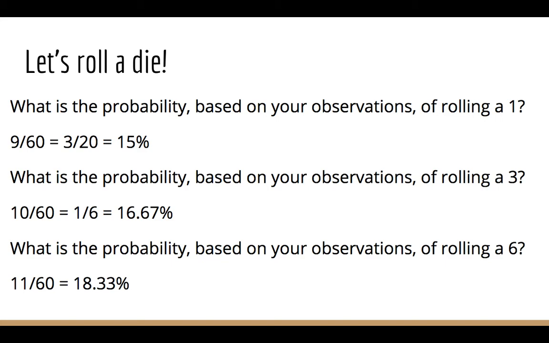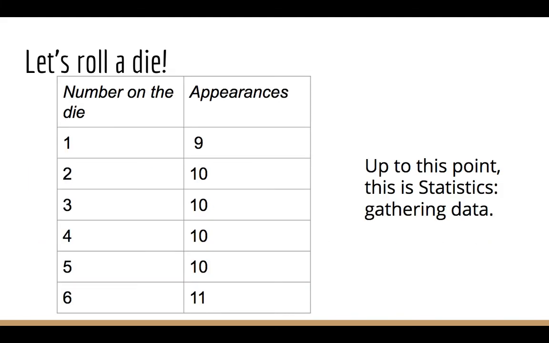And you get these probabilities: 15%, 16.67%, 18.33%. All of them are different, and the only one that checks with the assumed probability model of a fair die, 6-faced, cubic shaped, is the one for rolling a 3. Actually, for rolling a 2, 3, 4, 5, all of them check out.